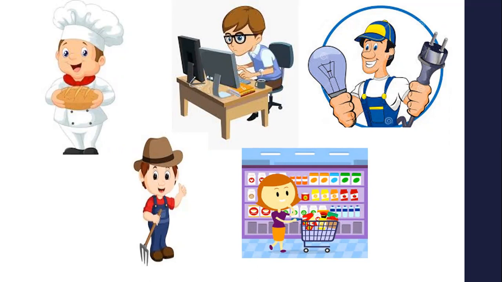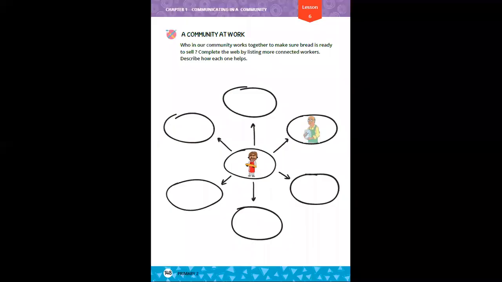We will also practice categorizing communication by thinking about how those workers can interact with each other throughout the day. Please open your book, page 148, titled A Community at Work.